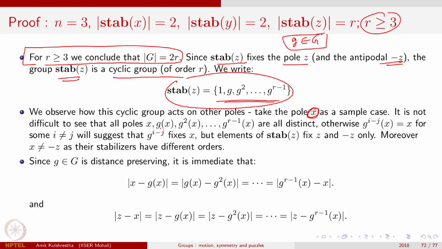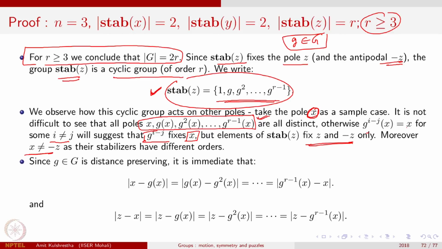I consider x, gx, g square x and g to the power r minus 1 x. I claim that all these are distinct. If that were not the case, some smaller power of g would be fixing x, a smaller power which is different from 0. So for some i different from j, I would be getting that g to the power i minus j fixes x. But all these powers are allowed to fix only z and minus z, and certainly x is not z and x is not minus z, and therefore these are all distinct.